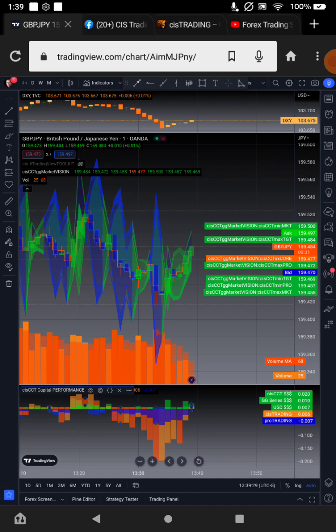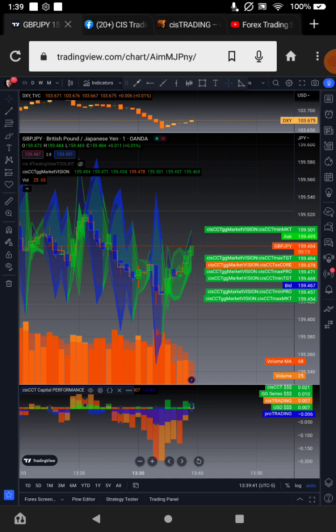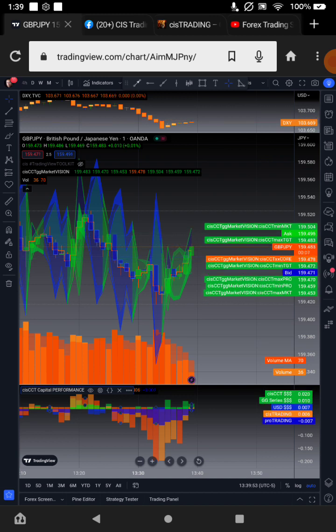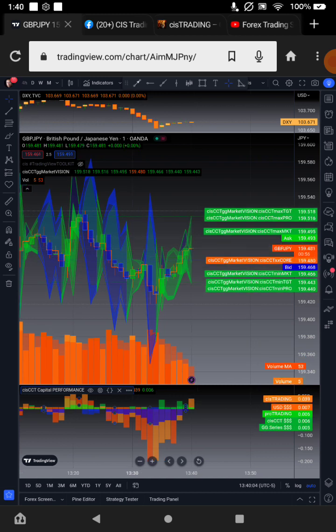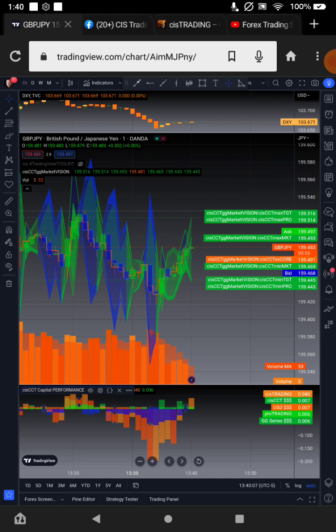So what we're looking at with CIS CCT GG Market Vision is the offer price and the bid price relative to the indicator, which was obtained through cybercrime at TradingView, through hacking my account and stealing the indicator script and the algorithms in the indicator, and used to fix the offer and the bid price relative to the adjustments which CIS CCT GG Market Vision makes in the levels that you see.